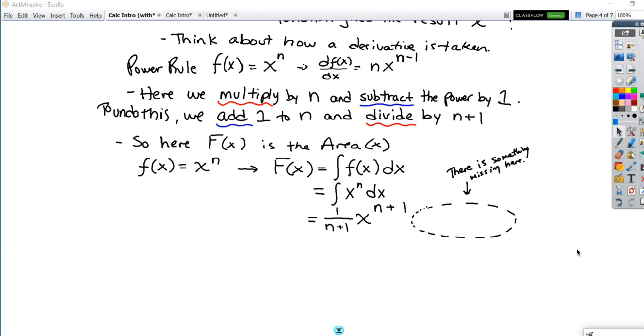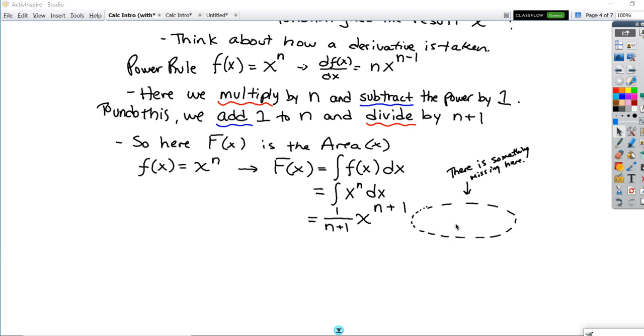And this comes from the fact that there is the constant rule for derivatives. There's nothing to say that there could not have been a constant here, that when you take its derivative, the derivative of this term plus the constant, you still get back this because the constant just goes away. So that's a technicality.